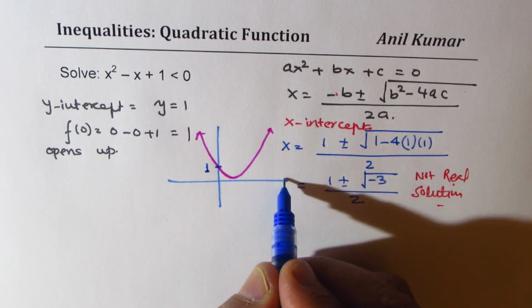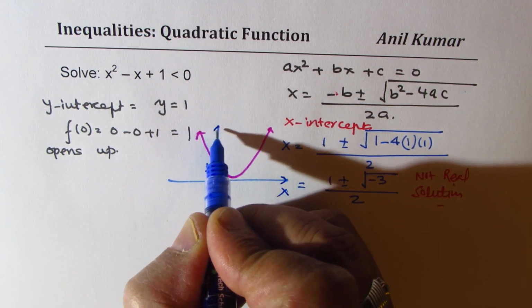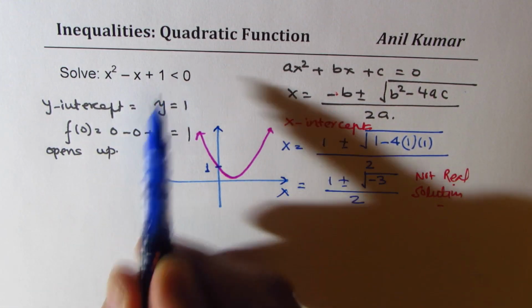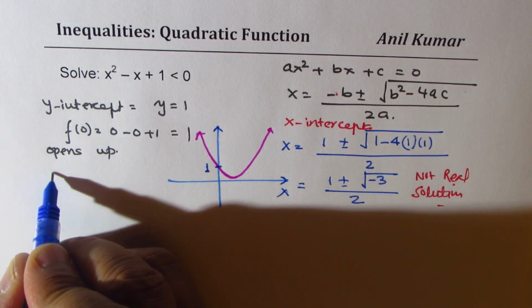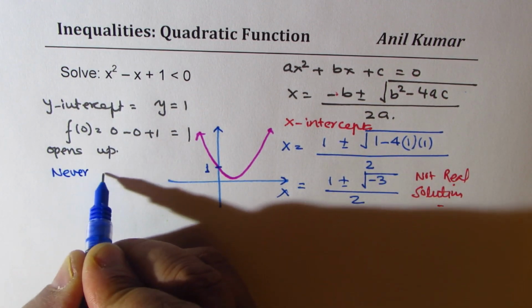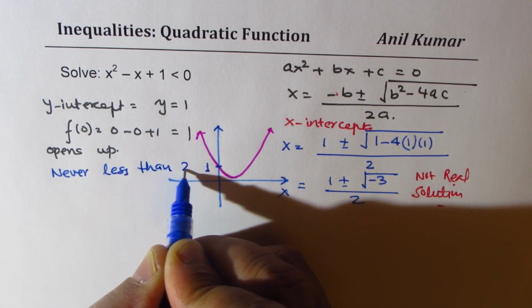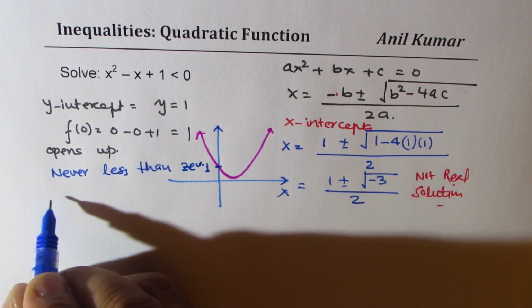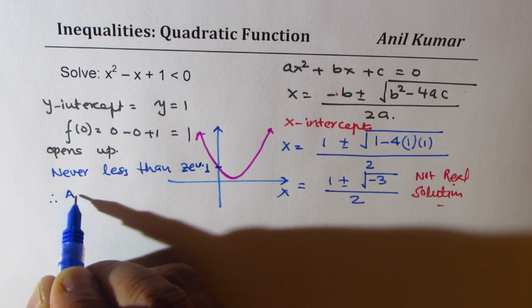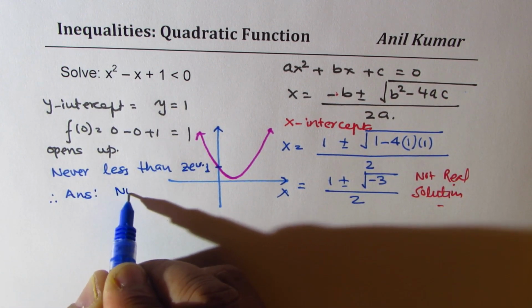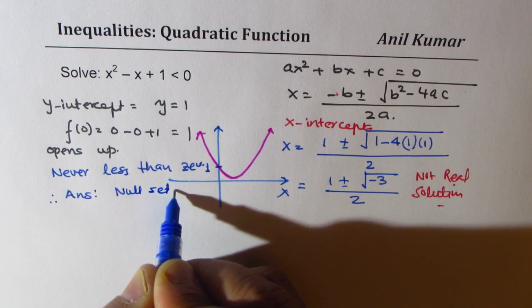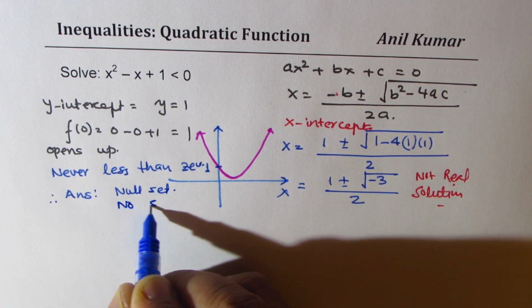And there are no x-intercepts. We want this graph to be less than 0. So we find that it is never less than 0. And therefore, our answer is null set or no solution.